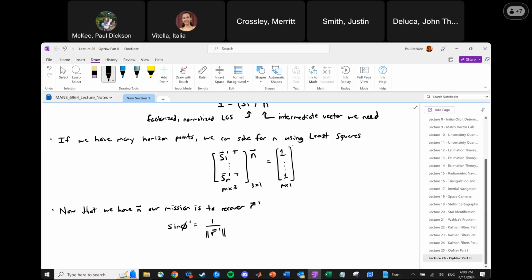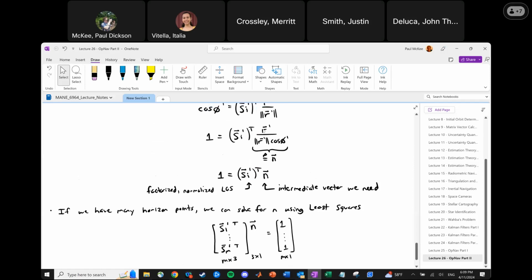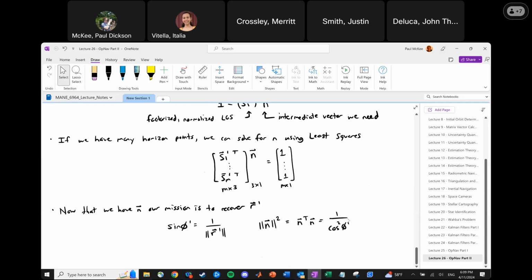And we also know that n quantity norm squared, which is the same as n transpose n, is 1 over the cosine squared of phi prime. We can think about that for a second: n is normalized r divided by the cosine of phi prime. If you do n transpose n and work it out, the r's go away and you've just got the cosine of phi prime essentially.